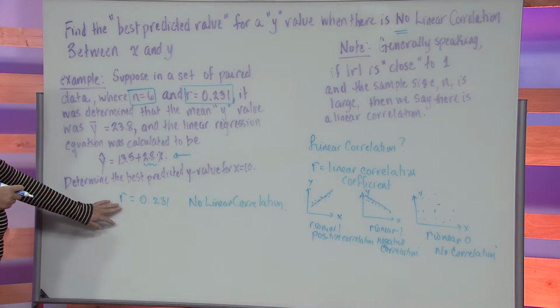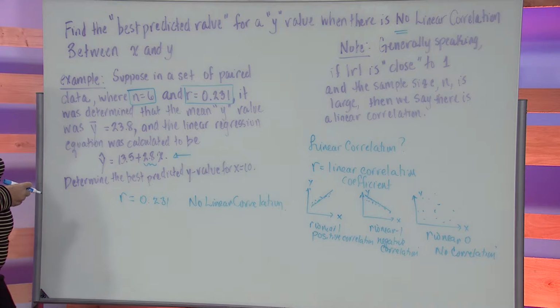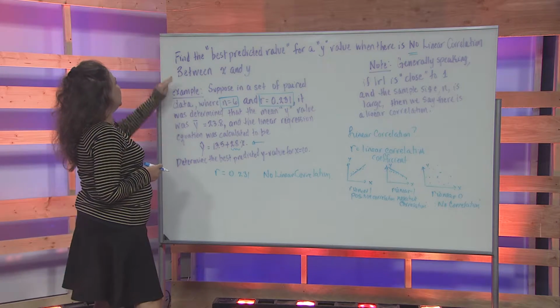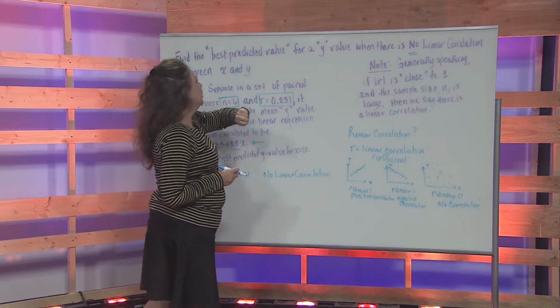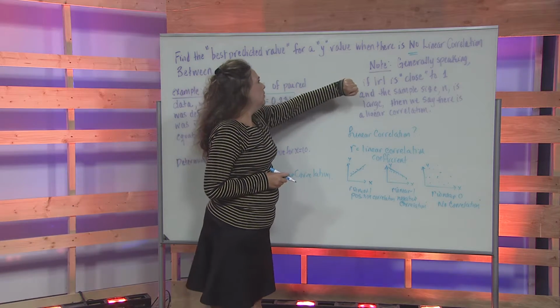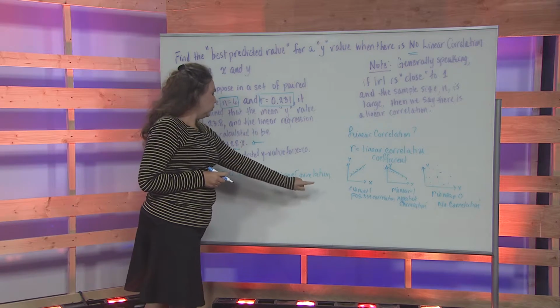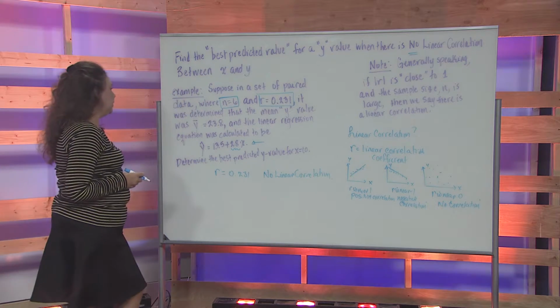So r is not close to +1 or -1, so no linear correlation, and that's what we're looking at. Find the best predicted value for a y value when there is no linear correlation. So we have no linear correlation between x and y here.